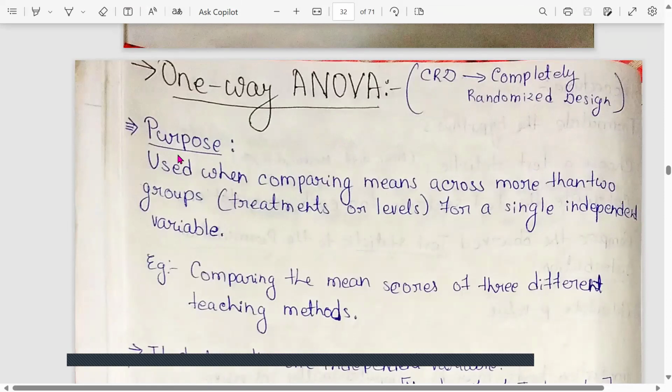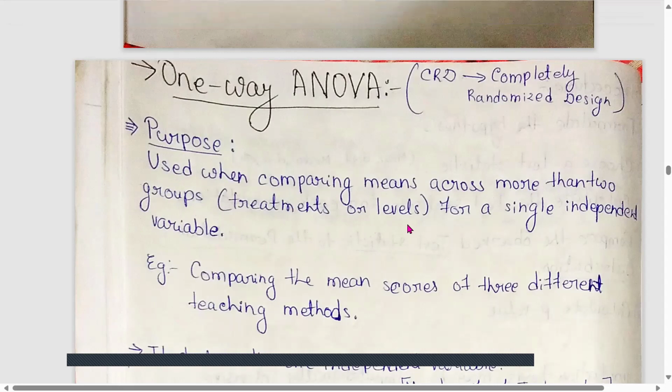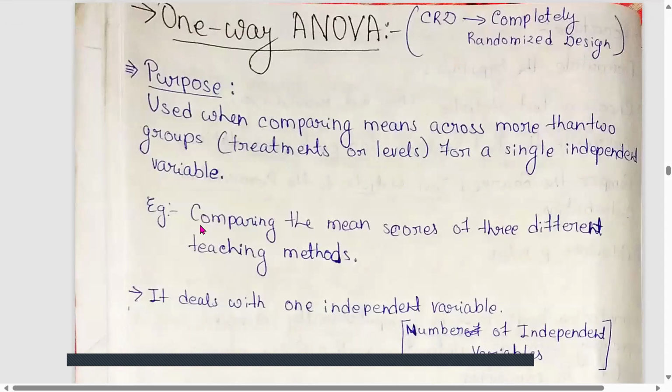Then the purpose of one-way ANOVA is used when comparing means across more than two groups. It might be treatments or labels for a single independent variable. Example: comparing the mean score of three different teaching methods.